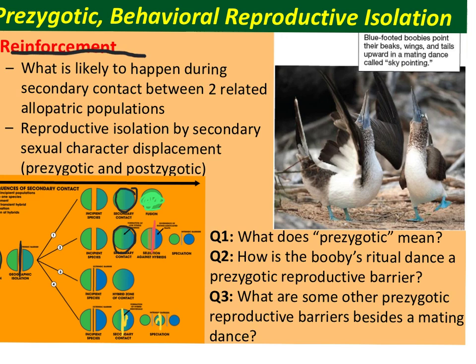So, what does prezygotic mean? It means before a zygote is produced. It can happen before they even start to copulate because they don't recognize each other as the same, or they have sex in different places, or all that kind of stuff. How is the booby's ritual dance a prezygotic barrier?